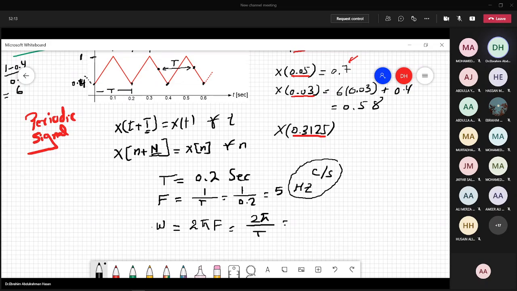So then it is equal to 2 pi multiplied by 5, which is equal to 10 pi. And angular speed, we measure in radians per second.